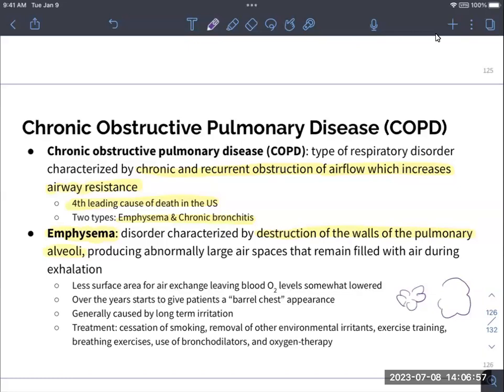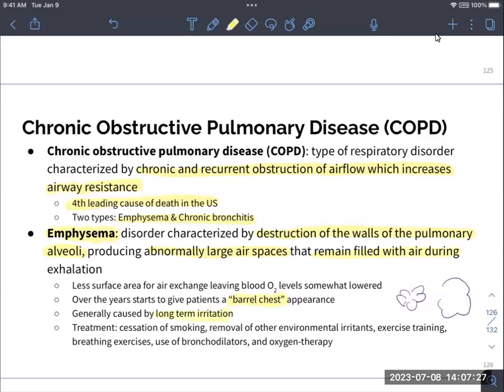That's what it tends to look like if you get down to look at the actual alveoli. So they have these abnormally large air spaces and they remain filled with air. There's not as large of a surface area to exchange oxygen and carbon dioxide. And eventually these people have what is known as this barrel chest type of appearance.